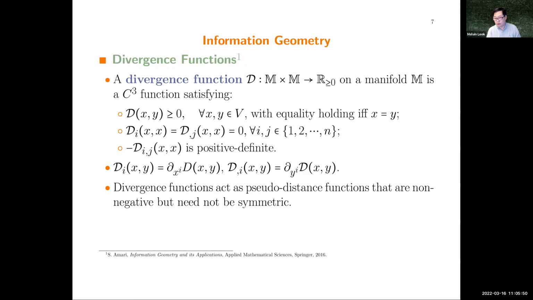That's clearly one way to do it. Or on that same chart, you can introduce a Riemannian metric, right? So in both instances you have parameters and a chart, but in one case you're pretending that the appropriate notion of distance comes directly from treating that chart as a Euclidean space.